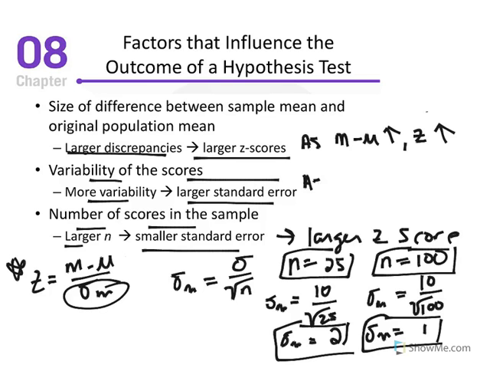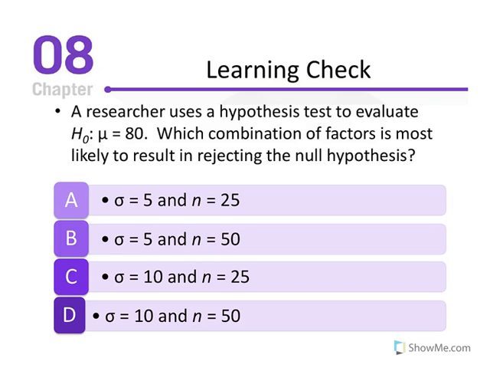And then here, as the standard deviation of the population increases, standard error increases, and z decreases. And then finally here, as n increases, standard error decreases, and z increases. So hopefully that notation helps you when you're referencing it in your notes, because again, it will be very important in subsequent chapters as well as in this chapter, obviously.